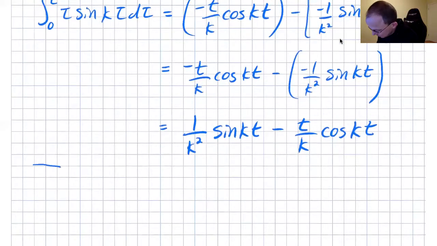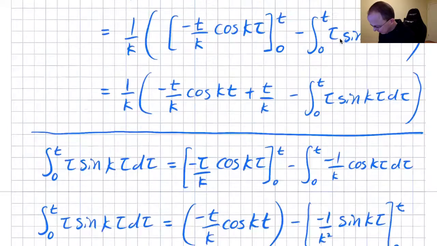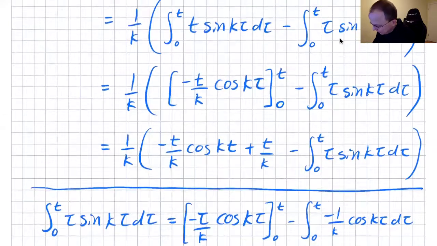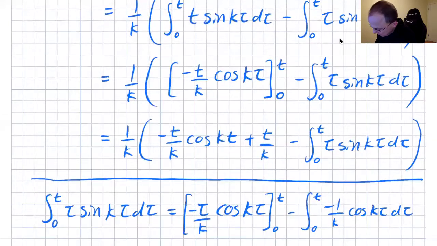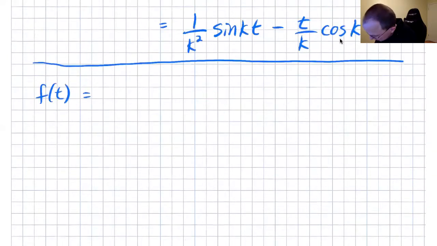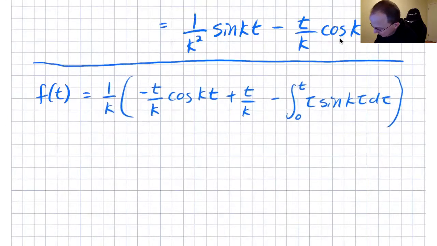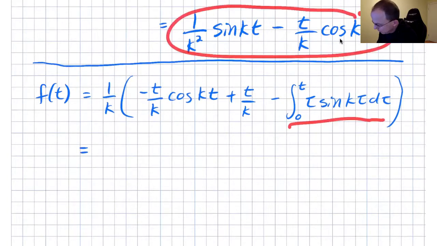So let's just draw a little line here. So therefore, f of t is what? So here it is right here. So this is f of t. That, and then this integral here is equal to this term right there.